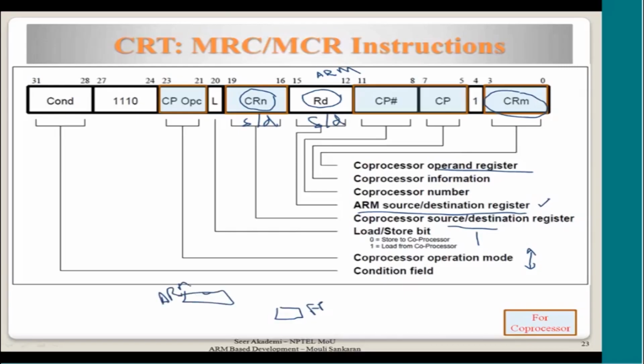Suppose you have a value 1.0 stored in coprocessor register CR0. You want to transfer it to R0 of ARM, so CR0 you want to write into R0. Here this is 1.0, which will become 1 here, because it is in 2's complement notation and this is a floating point representation.